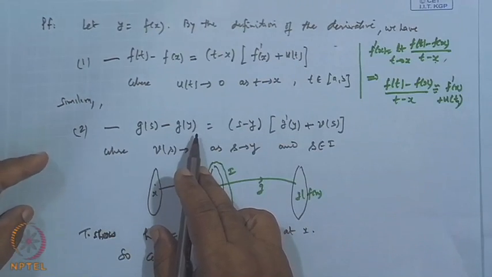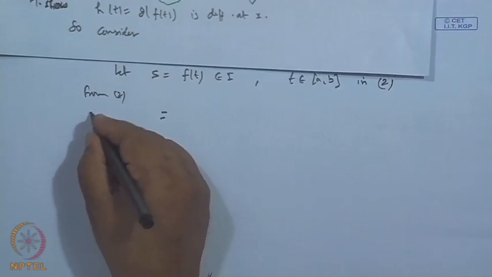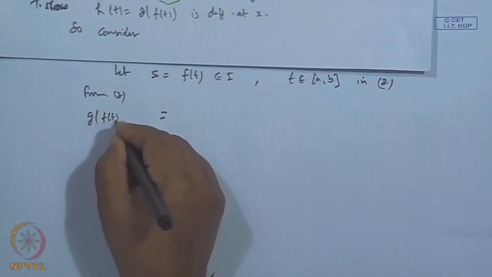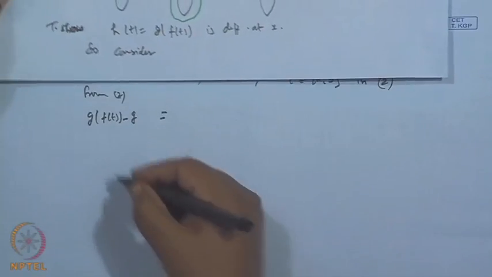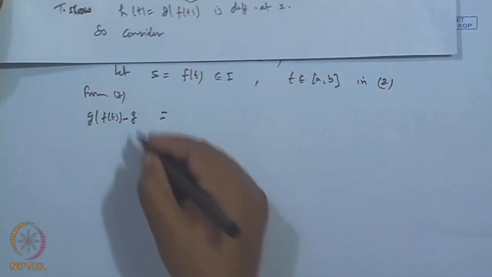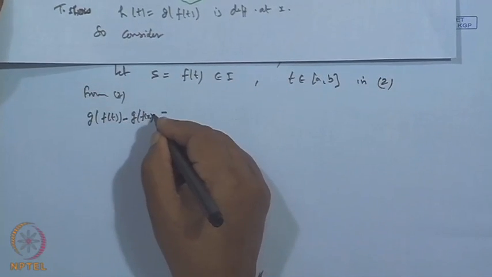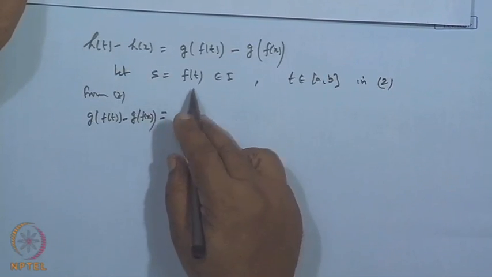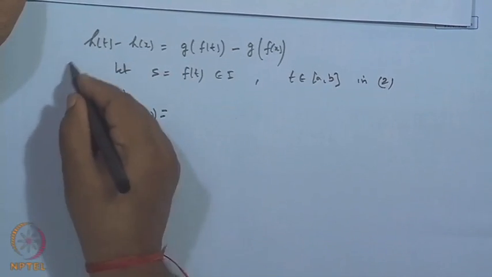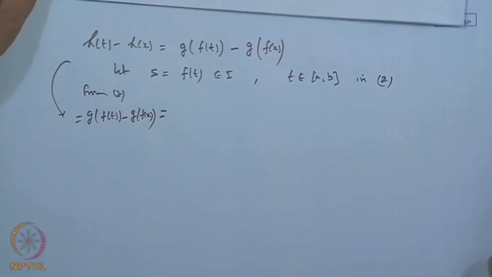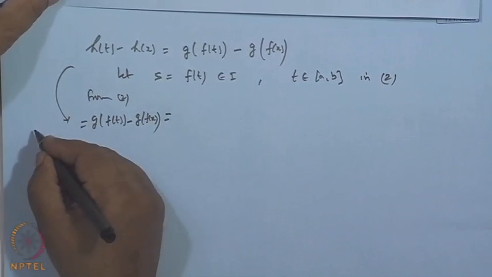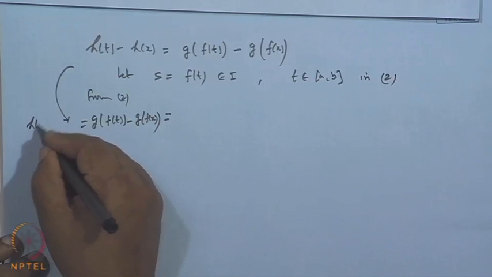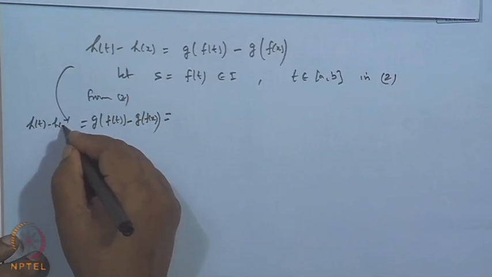So, g s minus g y, g of f t minus g y, and g of y means g of f x. This is nothing but h t minus h x.